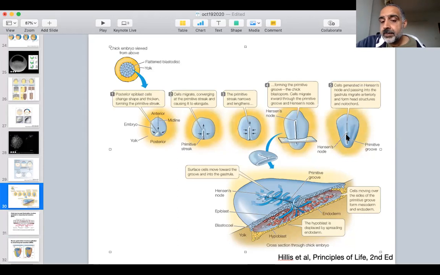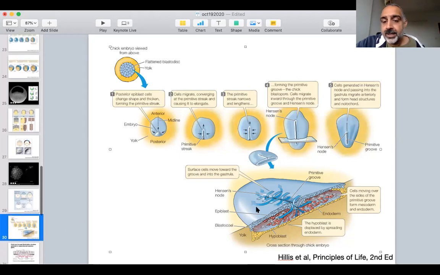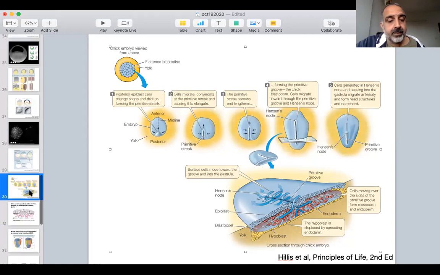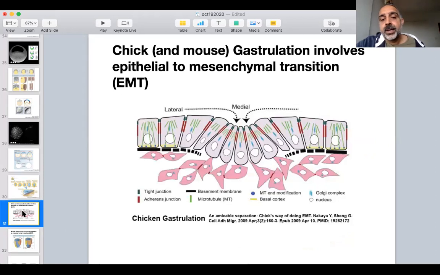So maybe some of you know what I'm going to say. If you're reading the slides on the side here, you know that I'm thinking about this transformation of epithelia to these mesodermal cells. What that is called is epithelial mesenchymal transition.